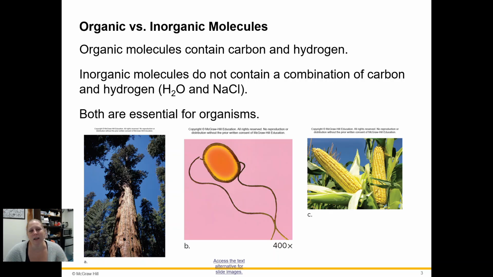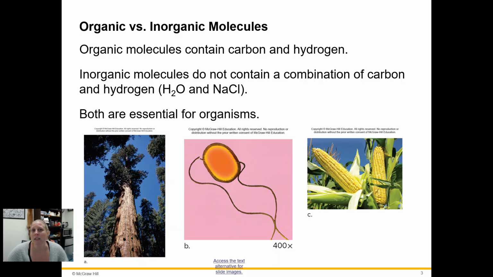Instead, organic and inorganic molecules are differentiated by the presence of a carbon and hydrogen chain or the absence of that chain. So organic molecules have carbon and hydrogen, which is why we are carbon-based organic life forms, because we are mostly made of carbon and hydrogen and oxygen because of water. And then inorganic molecules don't have those.